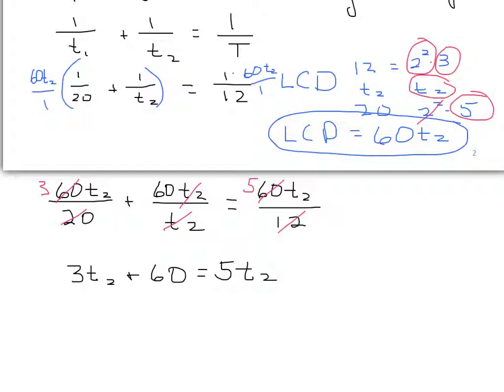So you guys like moving things to the left, so I'll do that. We're going to subtract 5T2 from both sides, and that gives us negative 2T2 plus 60 equals 0.